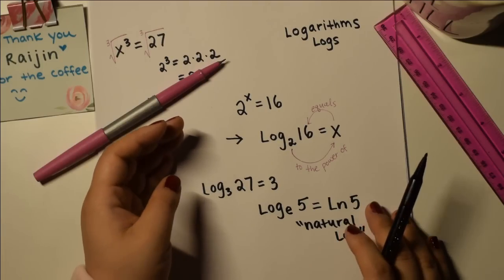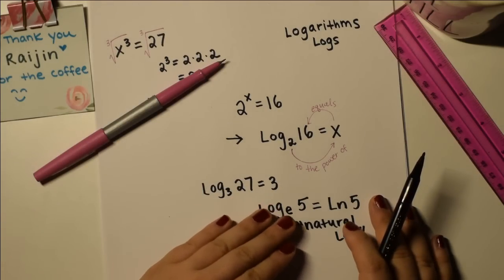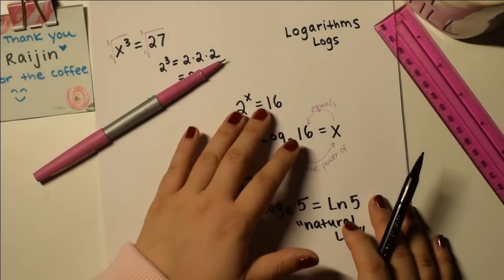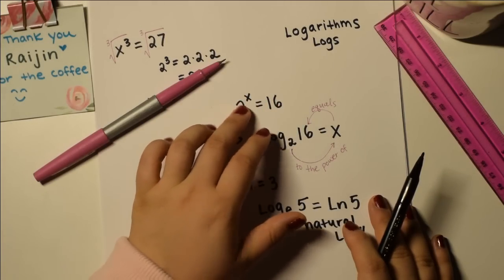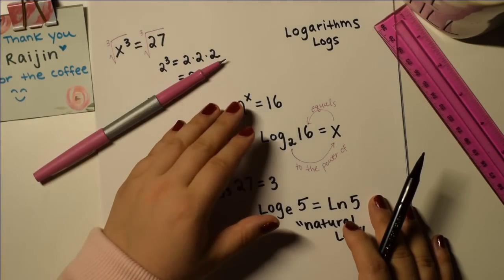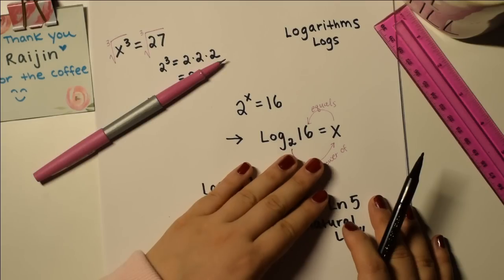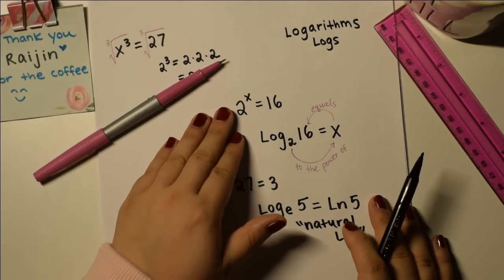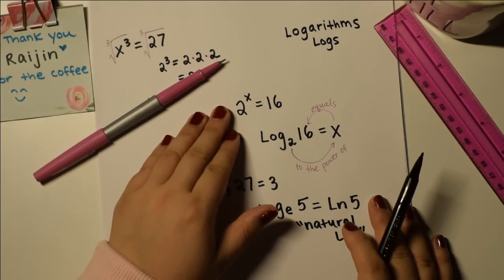But as you might imagine, since these logarithms are basically equivalent to exponentials, like undoing the exponential, our rules for logarithms are based on our rules for exponentials.